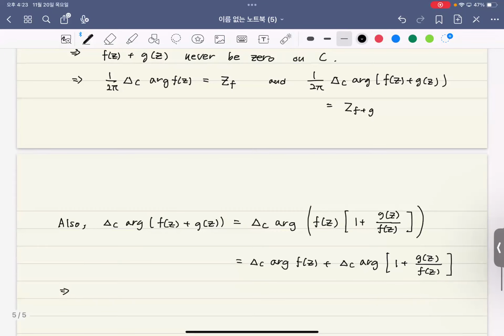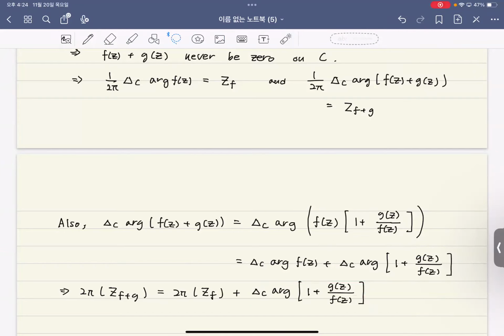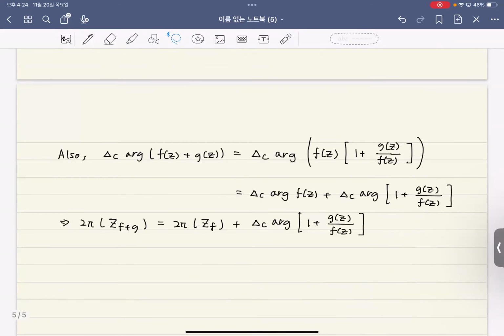Now we know that this is 2 pi times the number of zeros of f plus g, which is 2 pi times the zeros of f plus this term. So it remains to show that this term equals 0. If I can prove that this equals 0, then the claim is proved.